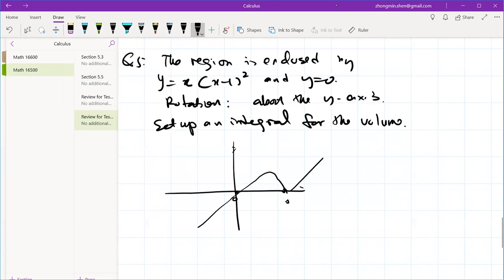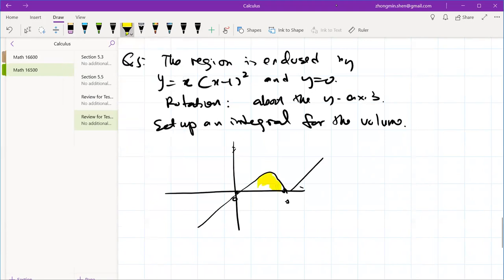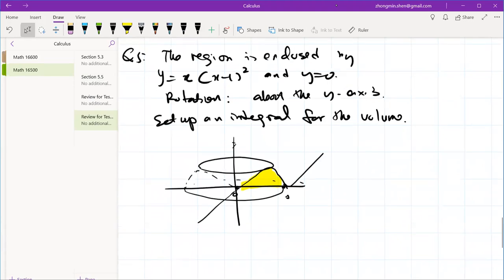That's a graph, but the region enclosed by this graph is going to be this region, enclosed by this curve. Okay. We're going to rotate about the y-axis. Okay. So that is the region.